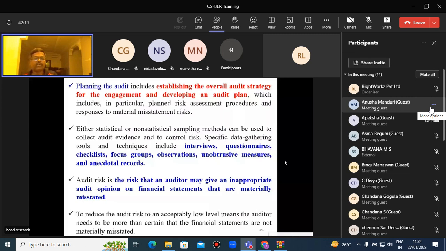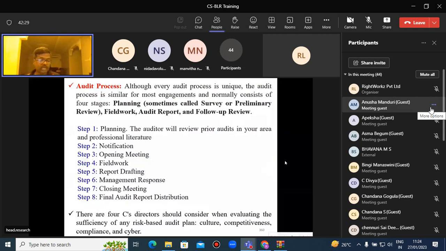If anything is found wrong or materially misstated, it warns us that there is an audit risk presented in your organization. What is meant by audit process?